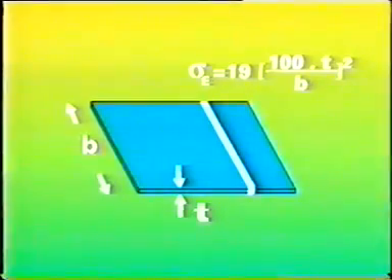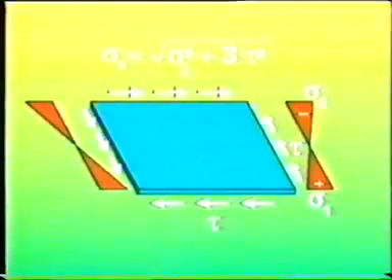Regarding the stress distribution, two further parameters are introduced. The stress ratio psi equals sigma 1 over sigma 2, and the equivalent stress, sigma V. Depending on alpha and psi, the buckling coefficients K sigma and K tau are determined from a set of curves.